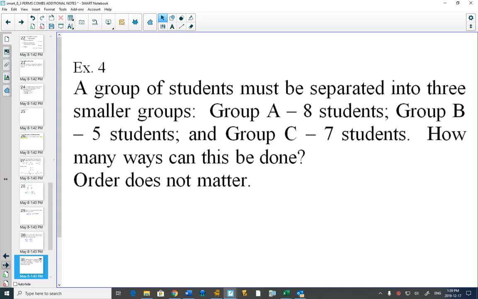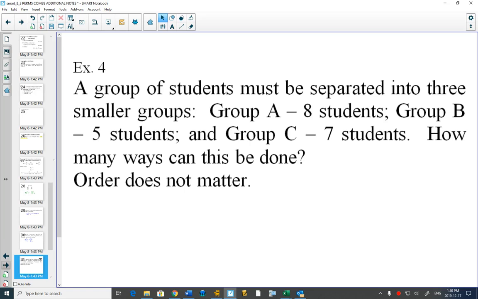So let's say we have 20 people in the class, and I want to make 3 different groups: one group with 8 people, one group with 5, one group with 7. How many ways can this be done? This is an interesting question because it's similar to the boys and girls question.